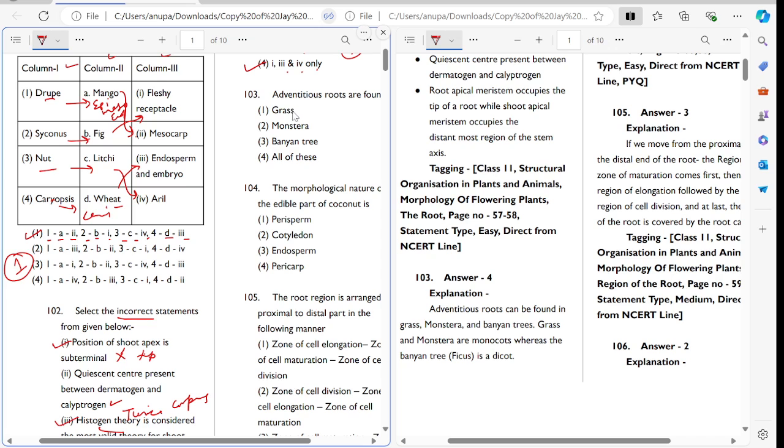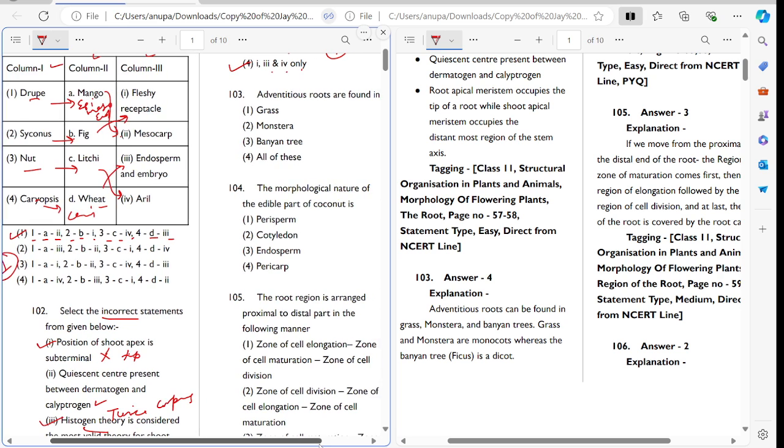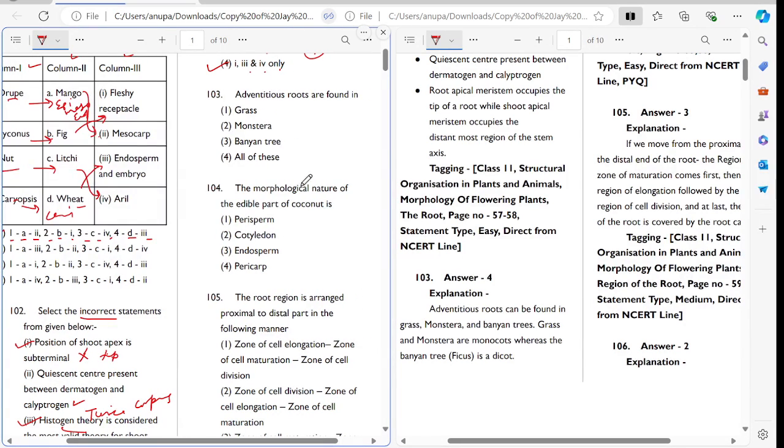Question number 103 states that adventitious roots are found. So adventitious roots are those roots which originate from any other place. It means it does not originate from the radicle. It originates from somewhere else, and it is most commonly found in monocots as well as dicots.